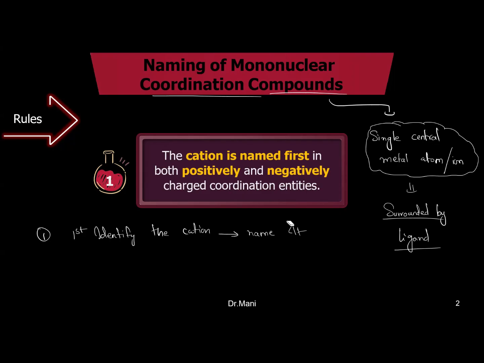Then you will give the names for the other components. Remember this: first we name the cation, then name the remaining components.